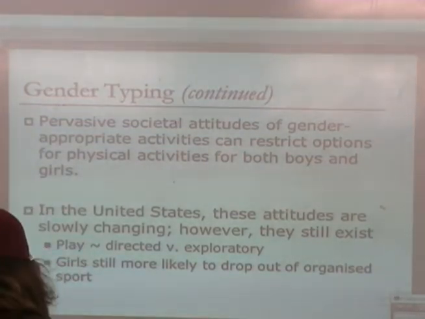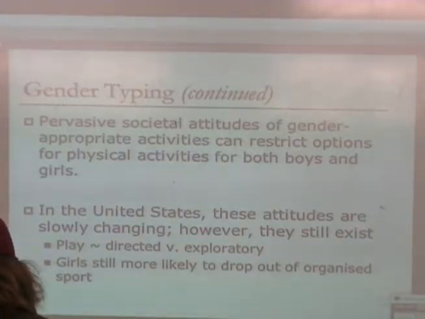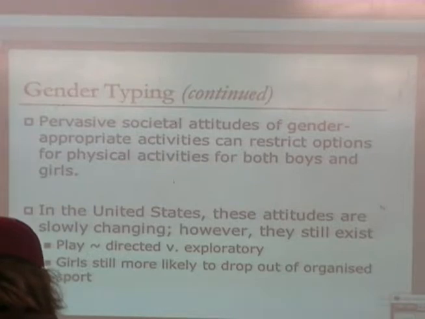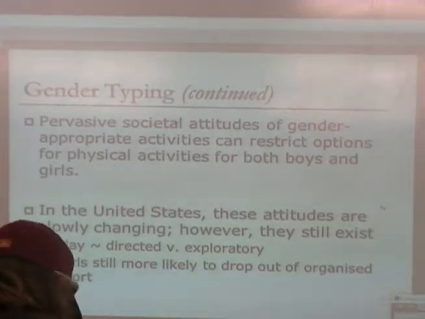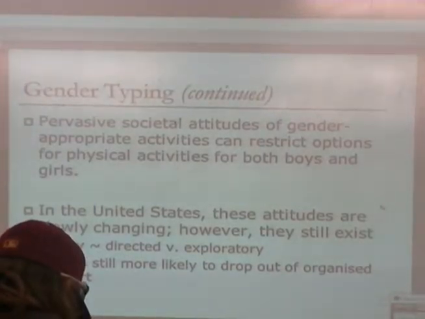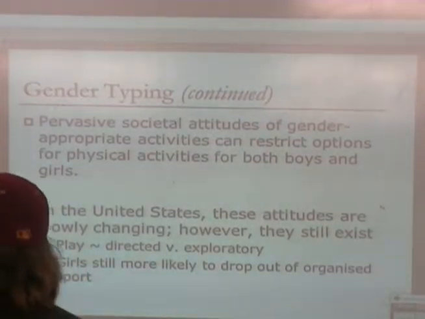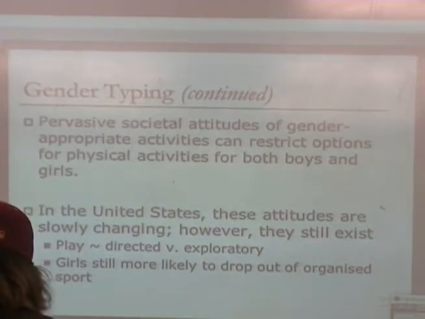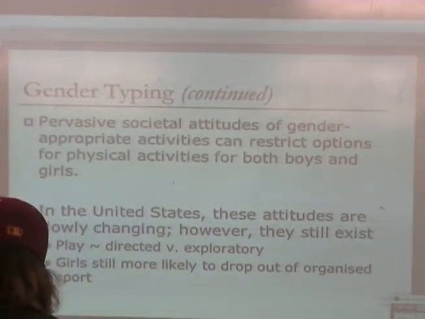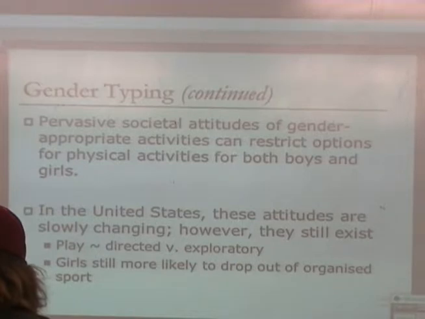Title IX was developed in 1972, and it is mistakenly believed that Title IX was created to allow girls to take part in sport. That's not actually what Title IX says. But one of the outcomes of Title IX is that it opened up sport to girls. Okay.